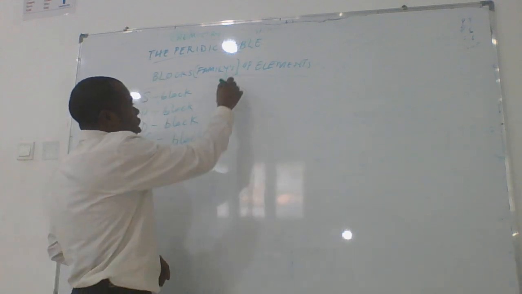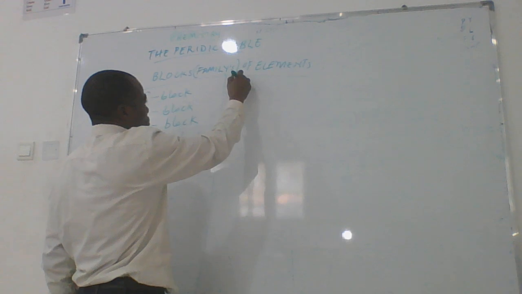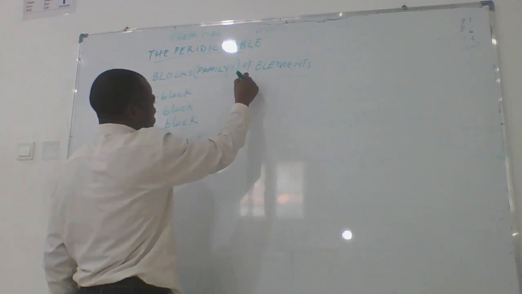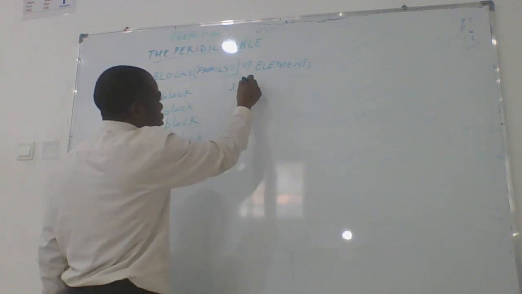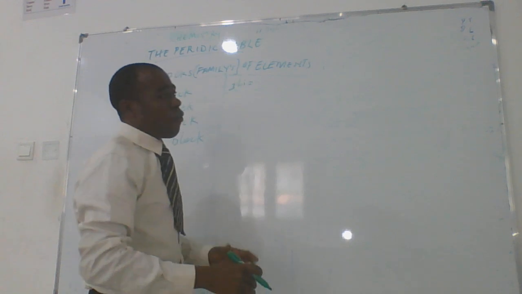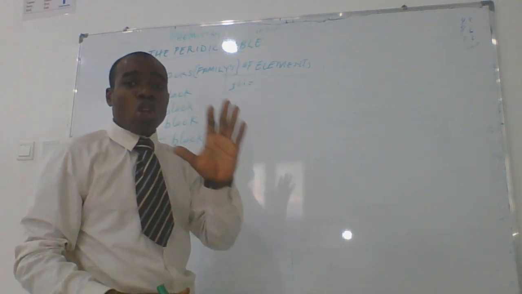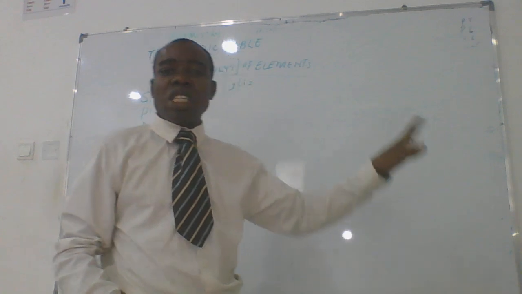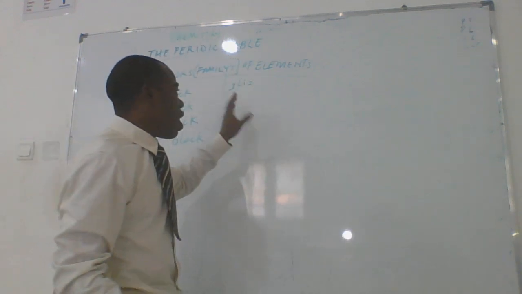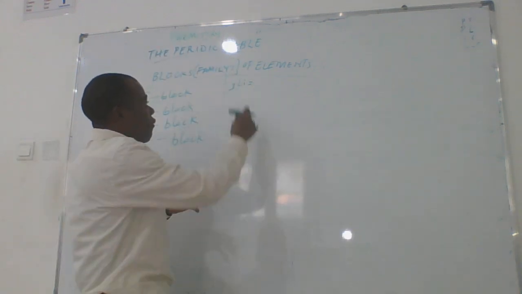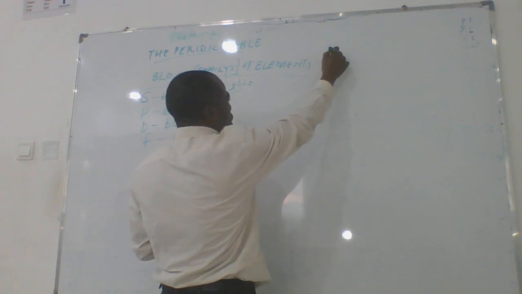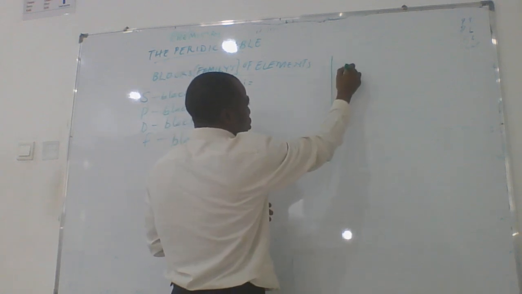So let's go. For lithium, lithium has just 3 electrons, and for the atomic orbitals, we'll be using the SPDF notation to enable you to understand this particular concept. Let me just give you a short overview of this. So just try and look at this.